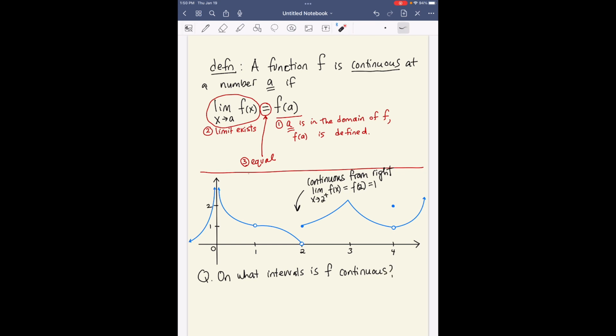If I look at the graph, I can see that it's continuous from negative infinity to 0, but not including 0, so I use the parenthesis here. It's also continuous from 0 to 1, but again, not including 0, not including 1. From 1 to 2, on this interval you see right here.